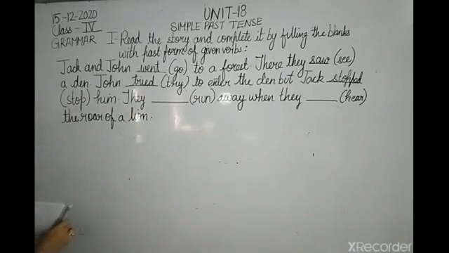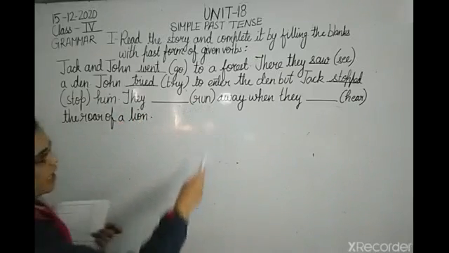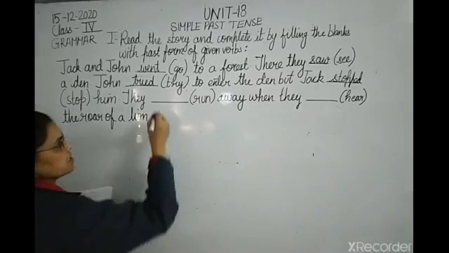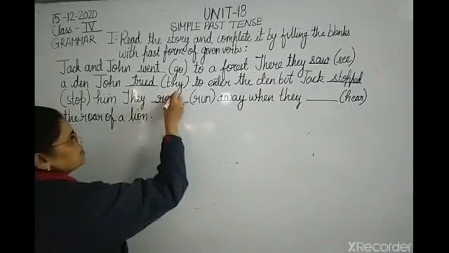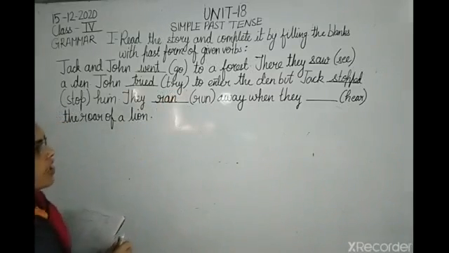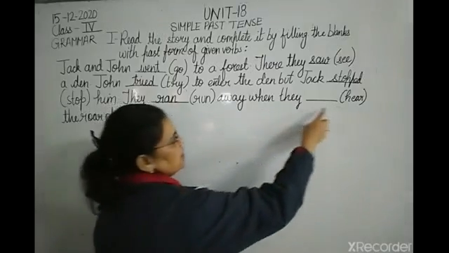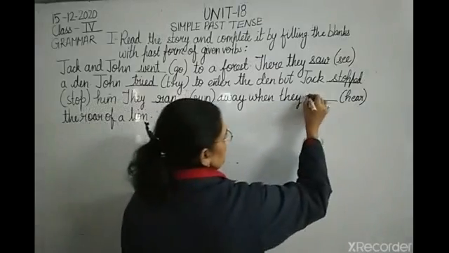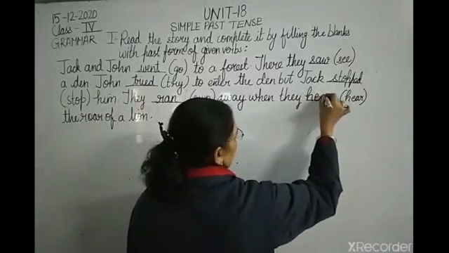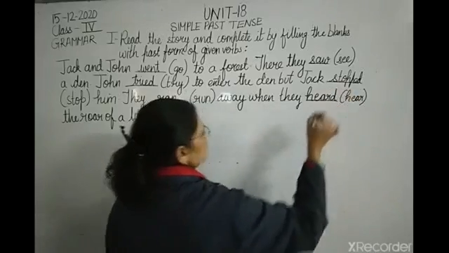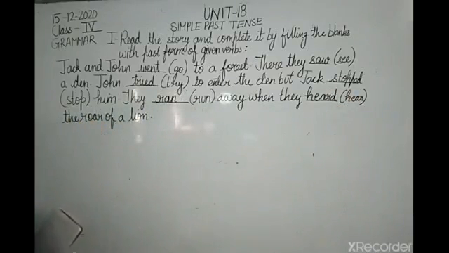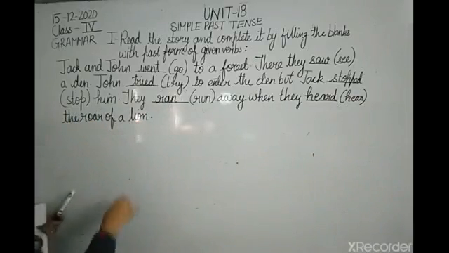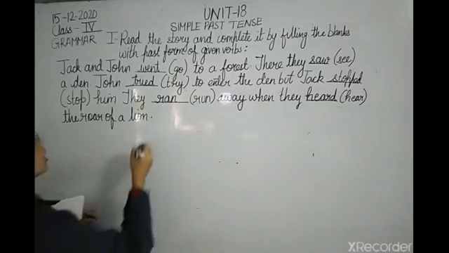Now, they dash away, and the verb given in the bracket is run. The past form of run is ran. So please write ran away when they hear. And here to form the past tense, what are we going to do? Simply add d to the verb. So क्या हो जाएगा? Heard. They ran away when they heard the roar of a lion.